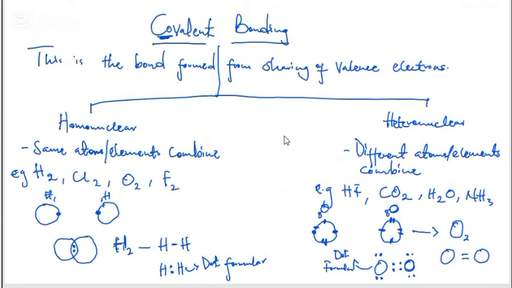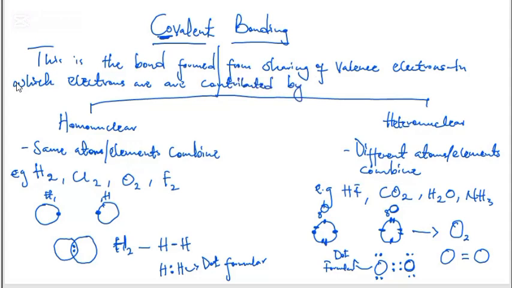Then we now look at covalent bond, where we say this is the bond from sharing of valence electrons. Take note, in this sharing of electrons, both atoms bring the electrons. So electrons are contributed by both atoms. So the atoms involved, they all bring electrons, unlike what we'll be seeing in coordinate covalent bonds.